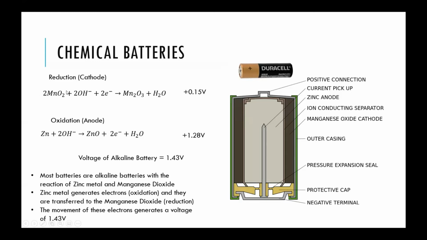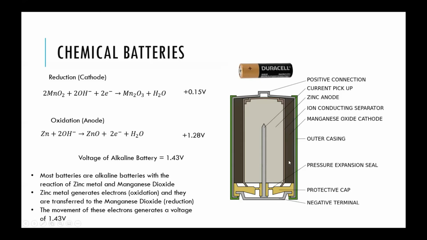And the manganese dioxide undergoes a reduction to this manganese oxide form. So when you're putting a battery into something, the electrons are moving from the zinc through your device and then ending up in this manganese dioxide black powder.